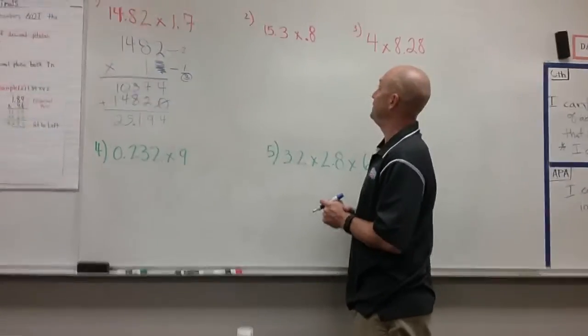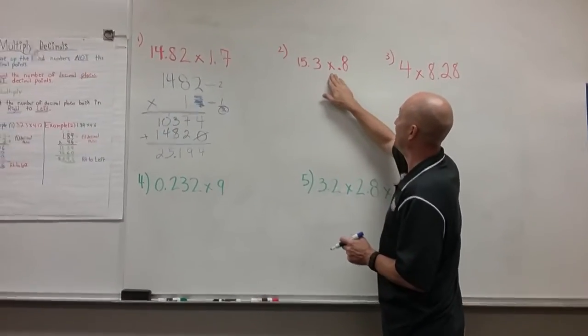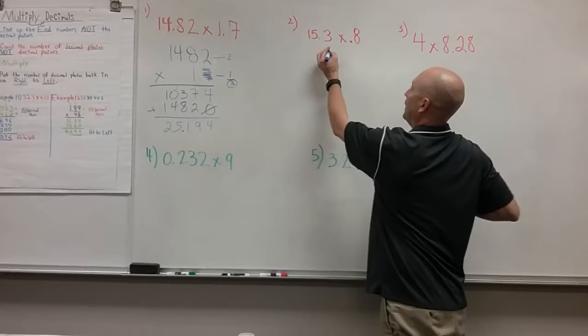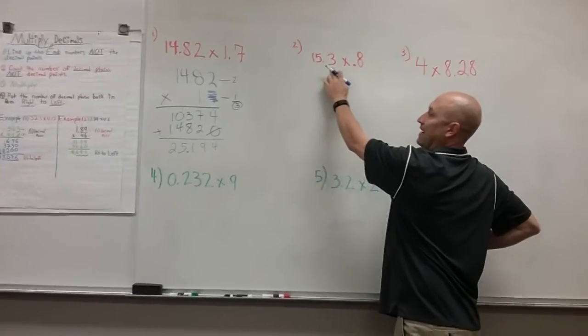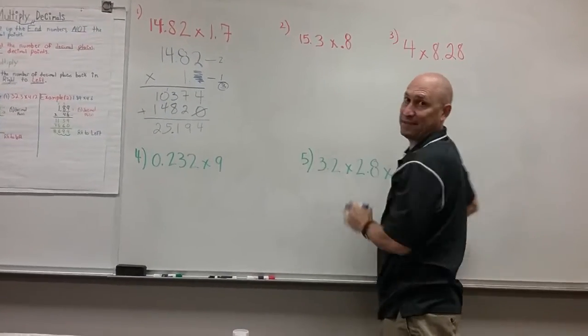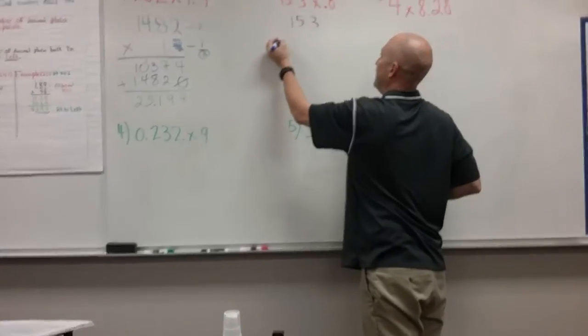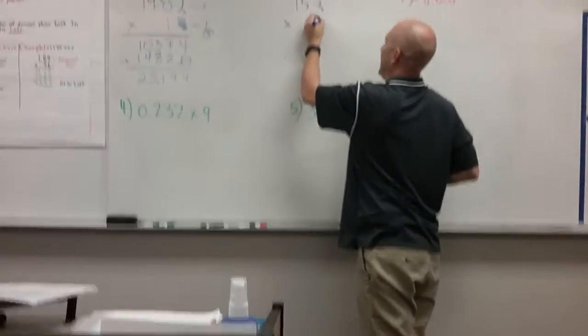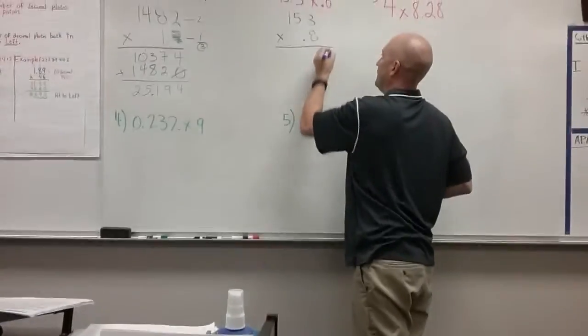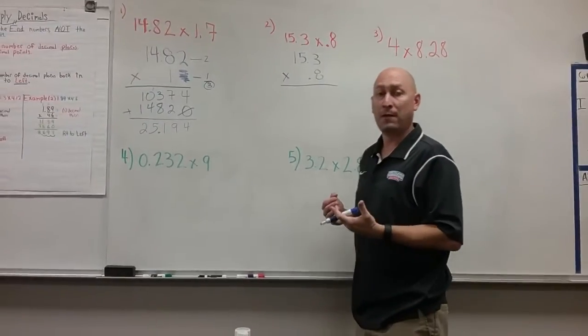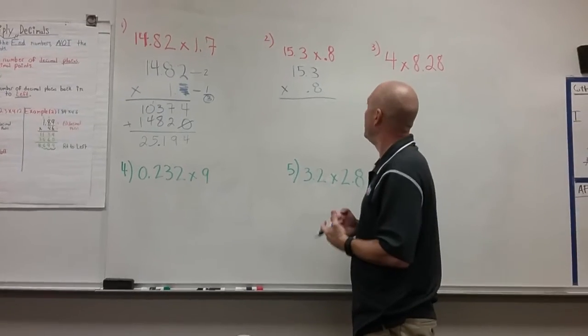Next problem, I've got 15.3 times 0.8. Again, the 3 is my last digit, the 8 is my last digit, so those have to be lined up. 15.3 times 0.8. It just so happens in this problem that my decimal points line up on their own.